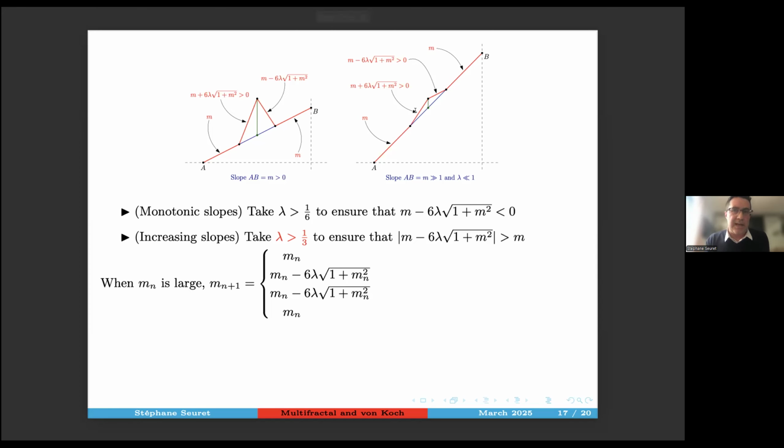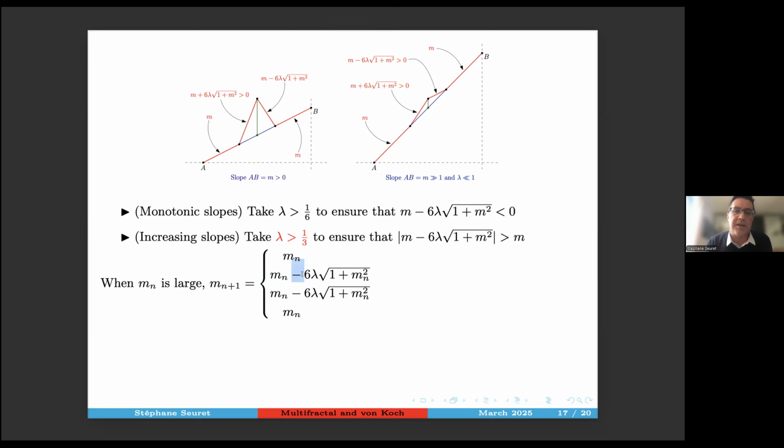And just to explain the last minutes, this is the formula giving Mn plus 1 in terms of Mn, where Mn is the slope of Fn at x. So it's either Mn, or Mn minus something, or Mn plus something.